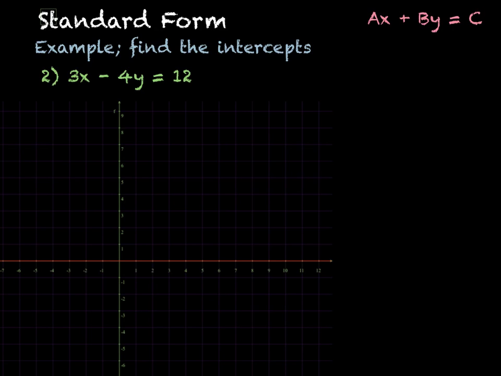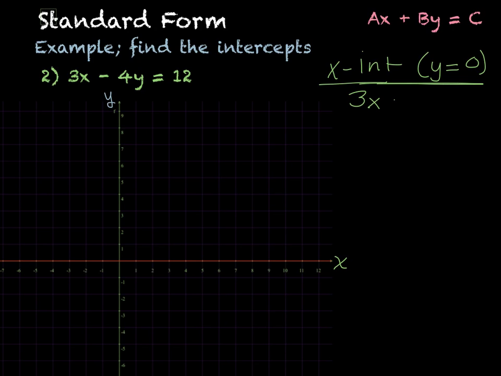Okay, so this next one we want to find the intercepts again and then use them to graph. So I'm going to find my x and my y-intercepts. So we have the x-intercept, and when I find the x-intercept I'm going to set y equal to 0. So I have 3x minus 4 times 0 equals 12.